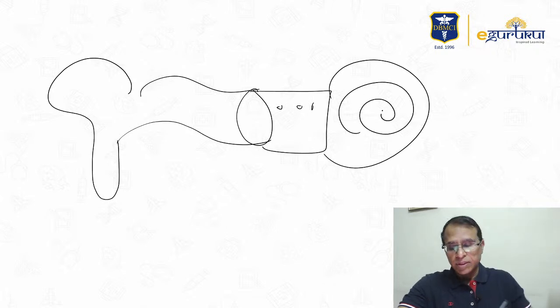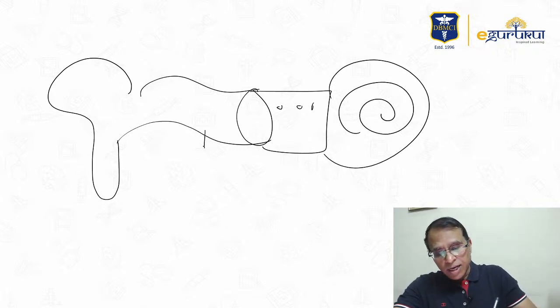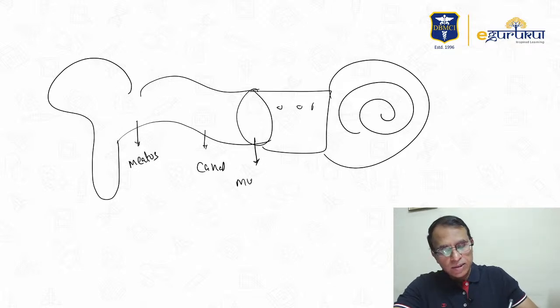Now this is the canal, external auditory canal, and this is the meatus. This is the myringa, the tympanic membrane is myringa, and this is the tympanum. See, it's so logical.